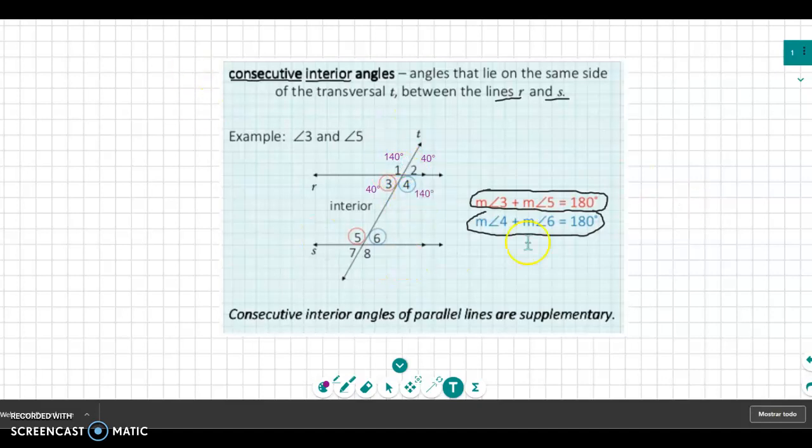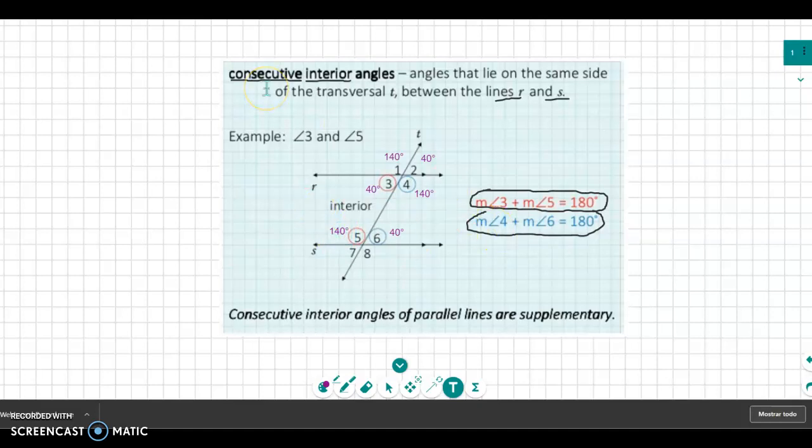So angle 3 plus angle 5 will be 180, and angle 4 plus angle 6 will be 180. So this angle will be 40 degrees, and angle 5 will be 140 degrees.